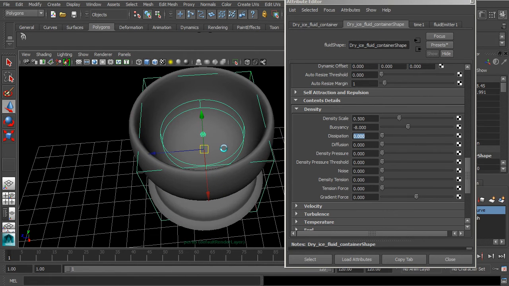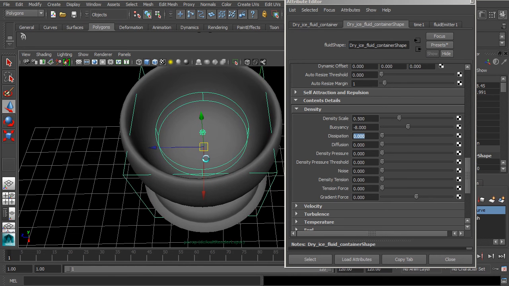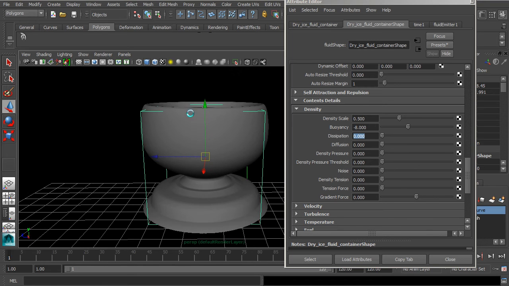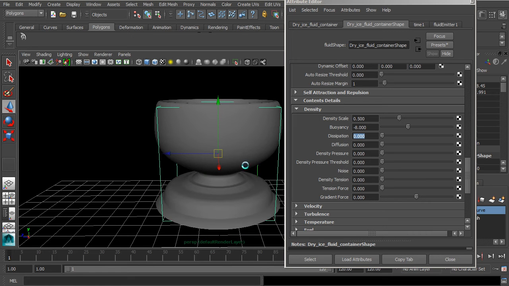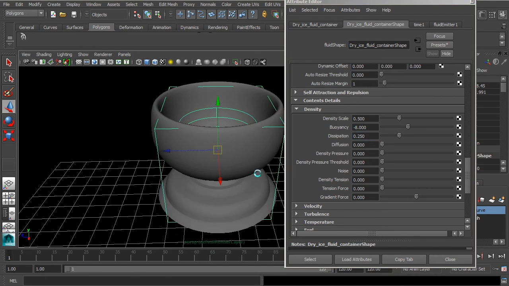I'm going to show you those important play blasts in the timeline, where you'll see that whenever we play the timeline, the fluids will start accumulating near the surface of the emitter. In the time it takes to come out of the bowl, it will get diminished, or you can say dissipate in the middle of the path, which I don't want. So for that reason I would like to keep low values of the dissipation. I guess 0.25 should be a good start.